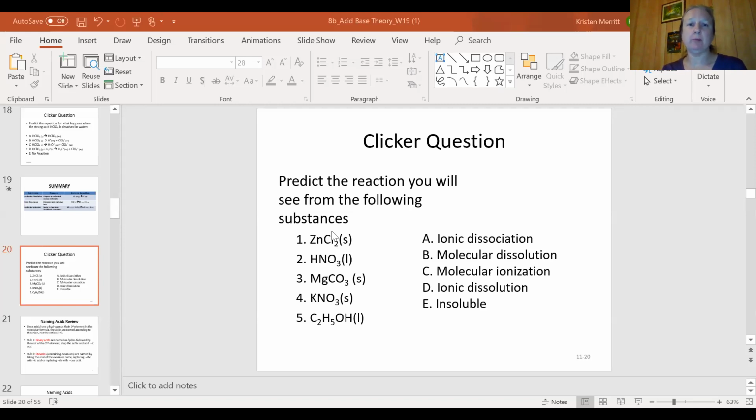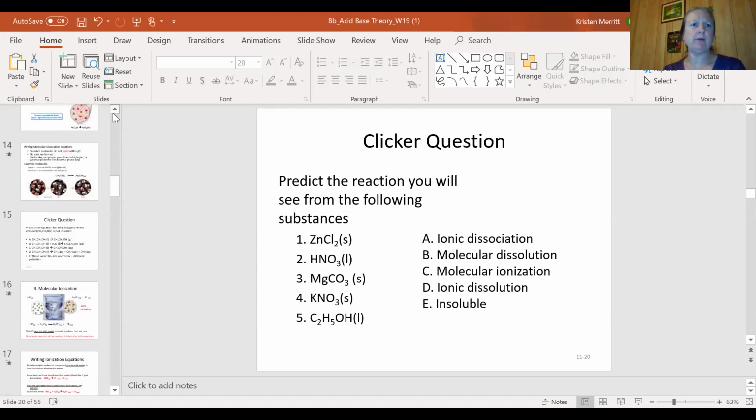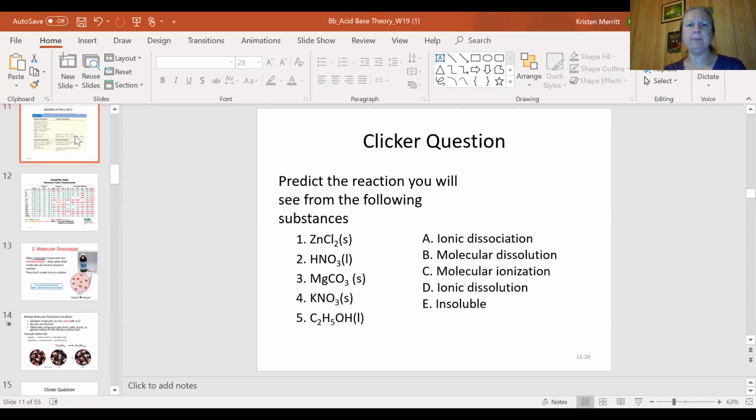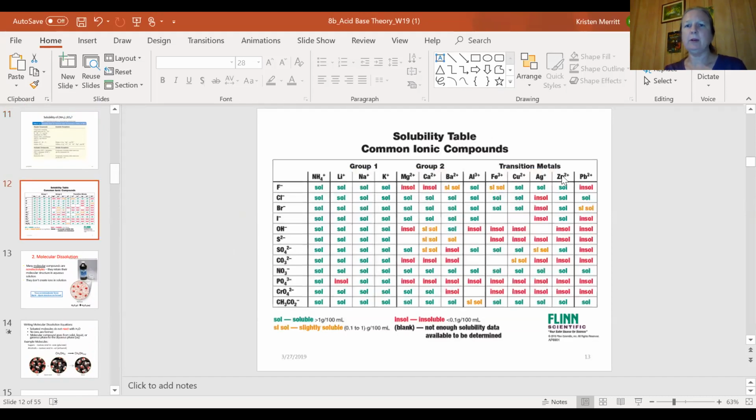Most chlorides are soluble. So if we go back to the rules, most chlorides are generally soluble. Zinc is not an exception, but let's double check the table. And here's zinc, and chloride's the second one, so that says soluble. So zinc chloride is soluble, so that's good to know.